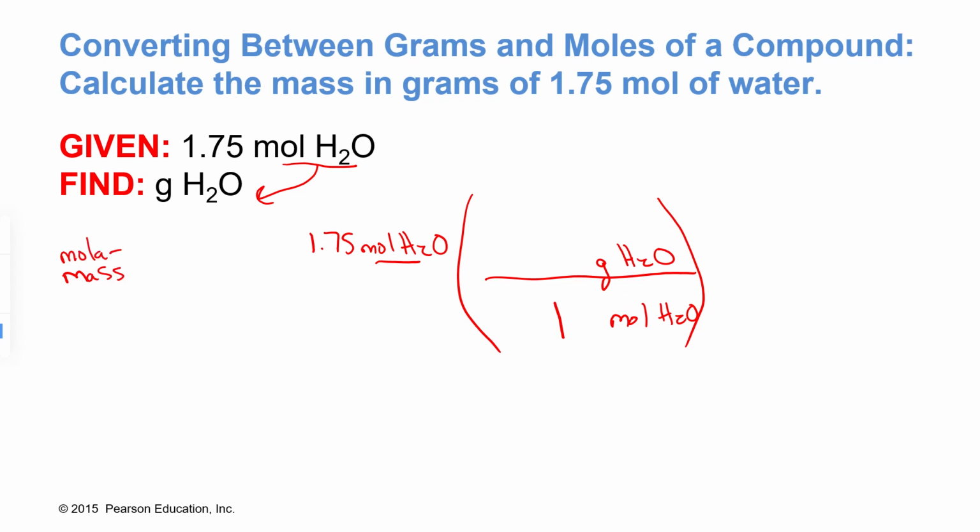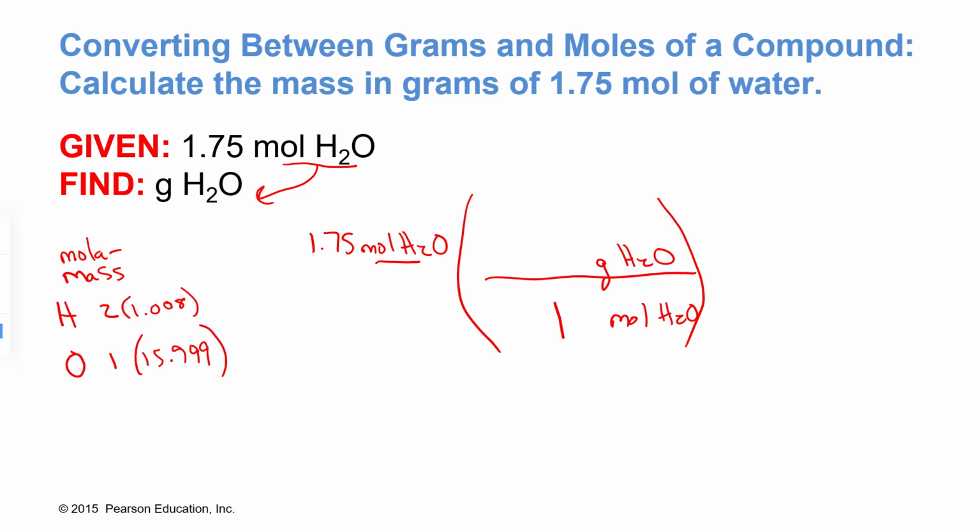the molar mass, we are going to do H and O, just like we did before. There are 2 hydrogens, so we're going to put 2 times 1.008. And then there's 1 oxygen, so that's 1 times 15.999.